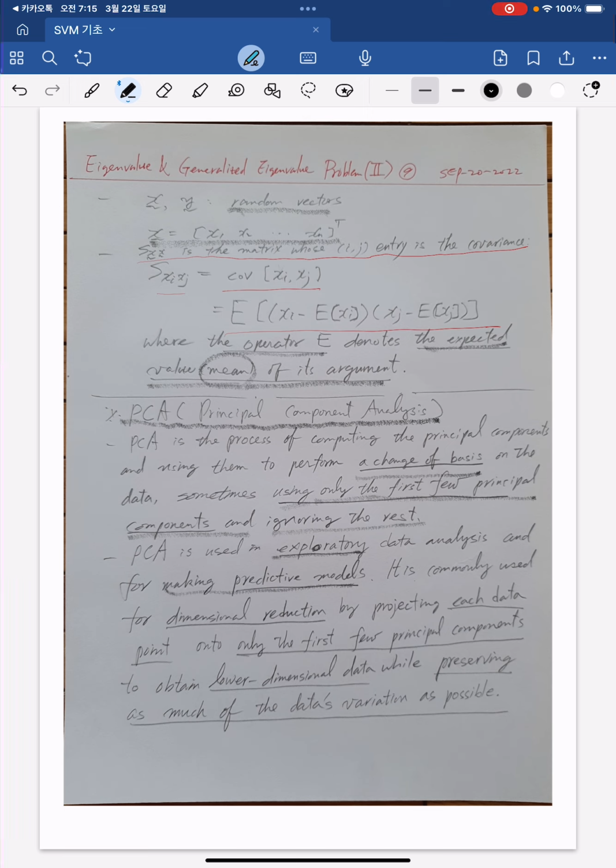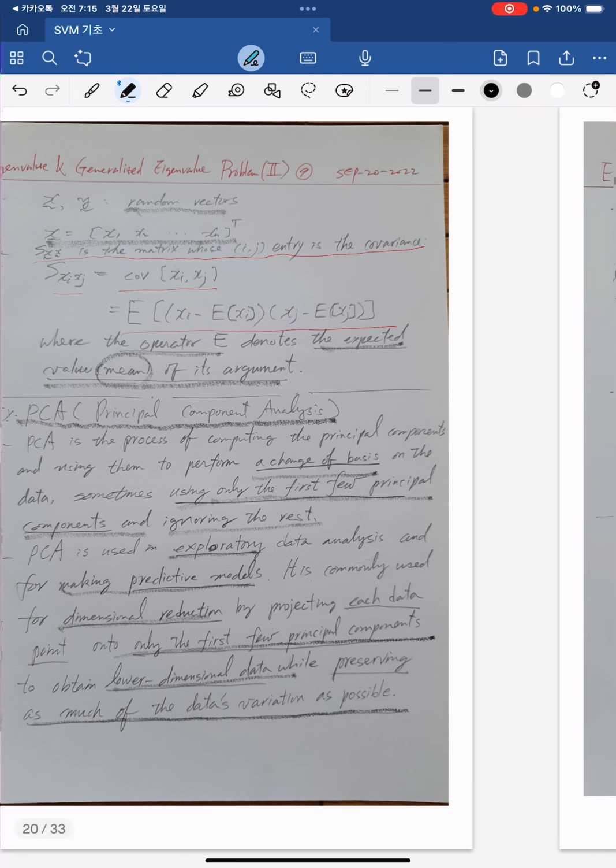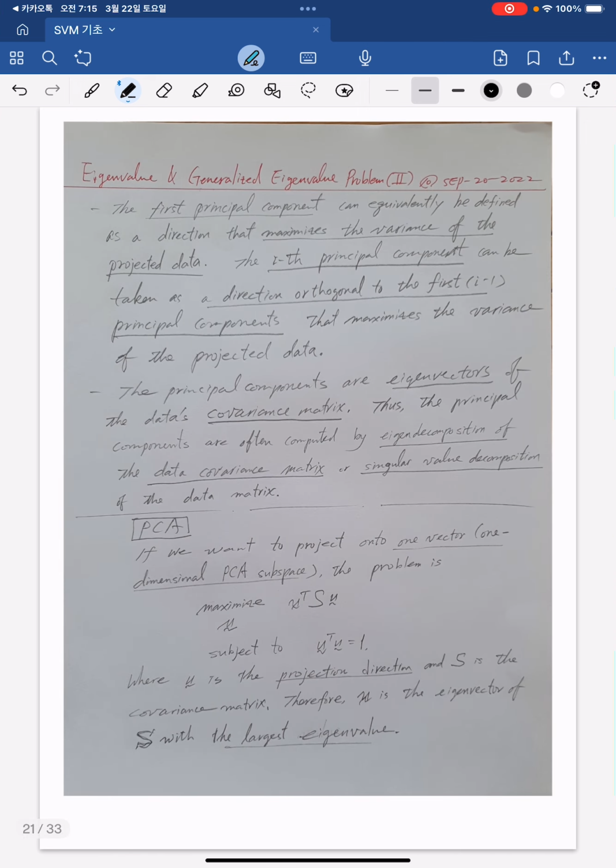It is commonly used for dimensional reduction by projecting each data point onto only the first few principal components to obtain lower dimensional data while preserving as much of the data's variation as possible. The first principal component can equivalently be defined as a direction that maximizes the variance of the projected data.